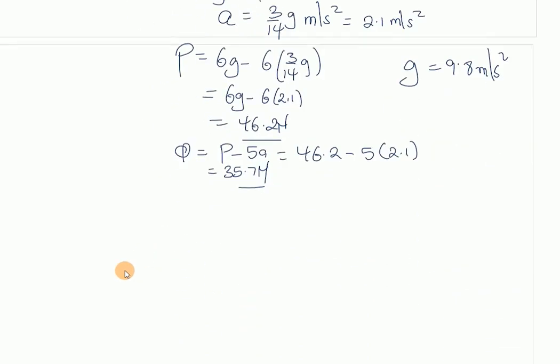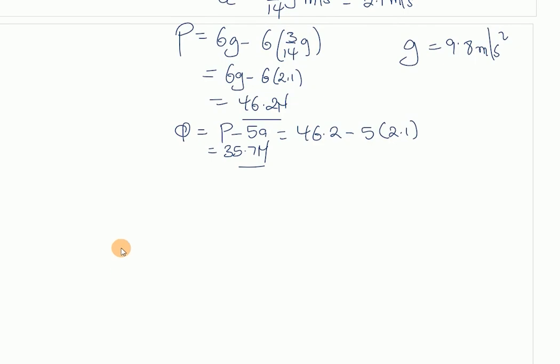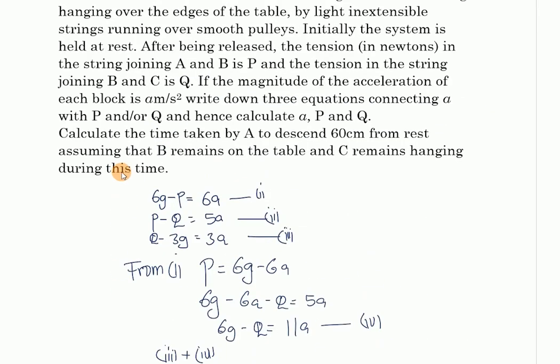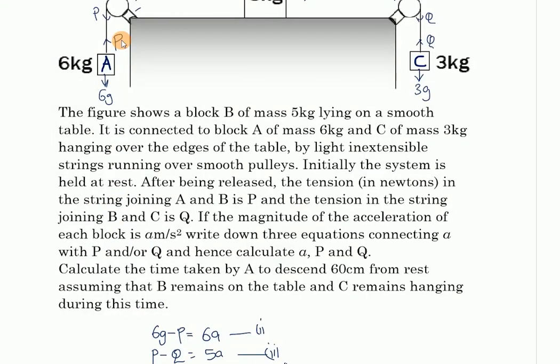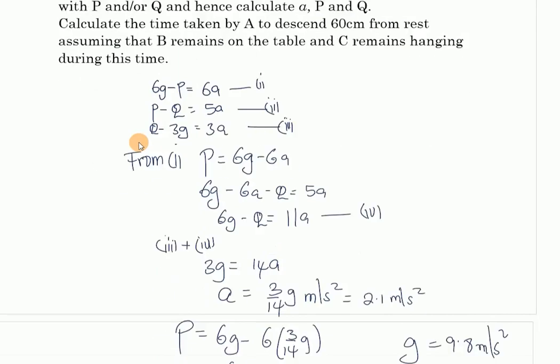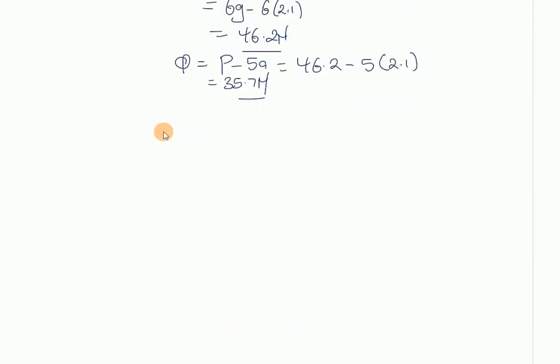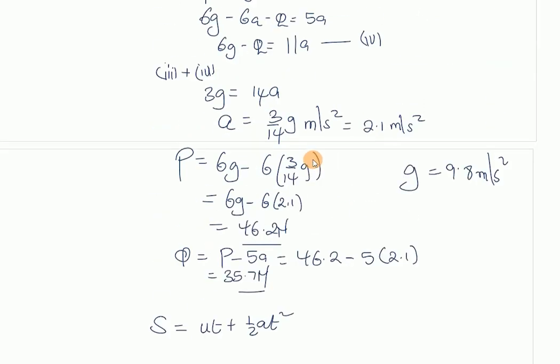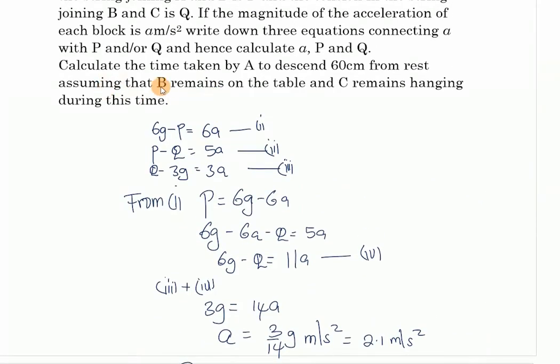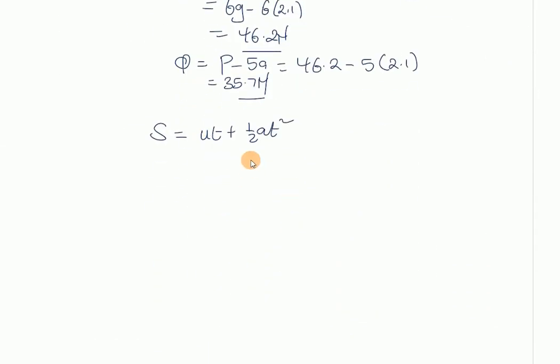Now we are going to use the fact that as A is moving downwards from rest, it is following this equation: S is equal to UT plus a half AT squared. Because they are saying calculate the time taken, you are looking for time.